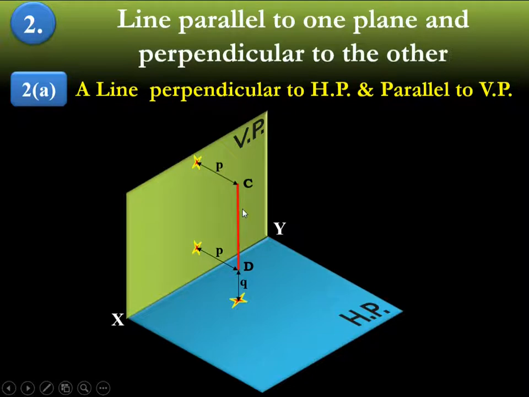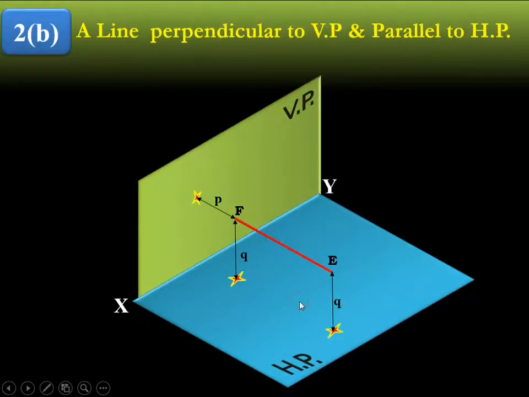From this diagram we can understand that to locate or to represent the line capital CD, we need the in front of distance from the vertical plane and the above distance between one end of the line and the horizontal plane.